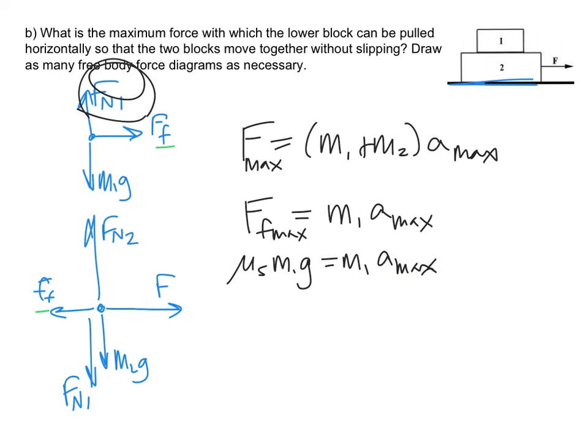My mass actually cancels out. All right, and so my A max is just mu sub s times g. And so my maximum force would be m1 plus m2 times my acceleration. So I'm going to plug in that other expression, mu sub s g.